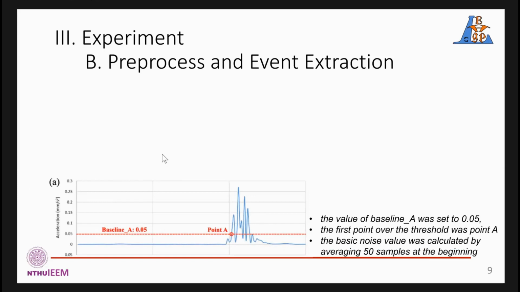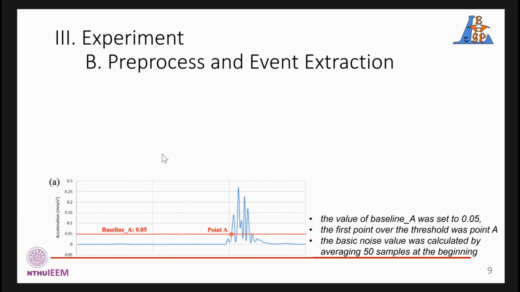According to the event extraction, because we would like to extract the step information, we used a baseline of 0.05, according to our sensors. We find the peak after the vibrations and set a threshold of 0.8.